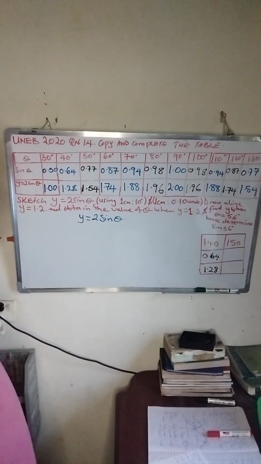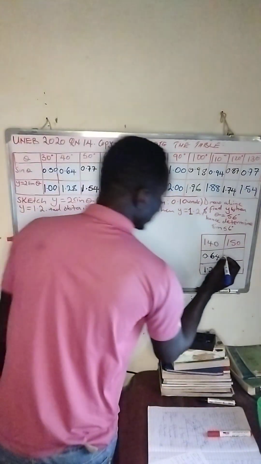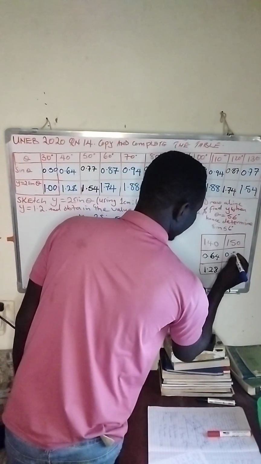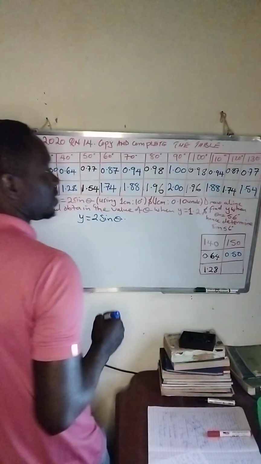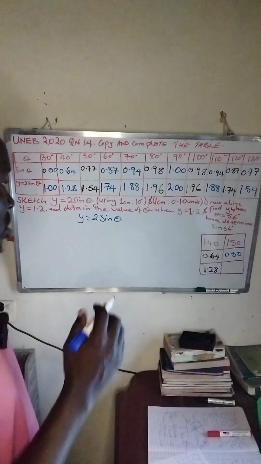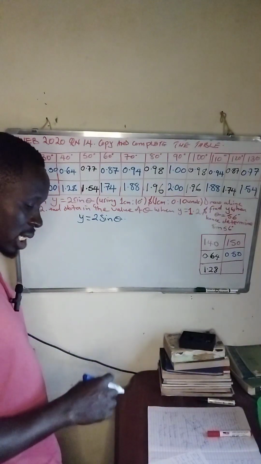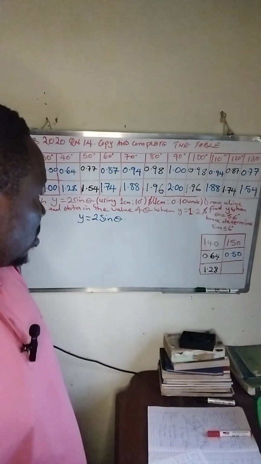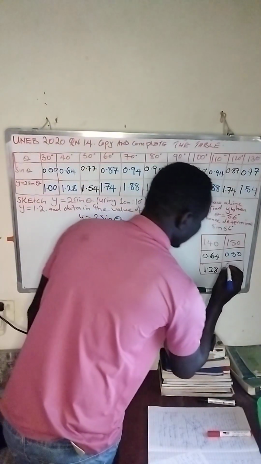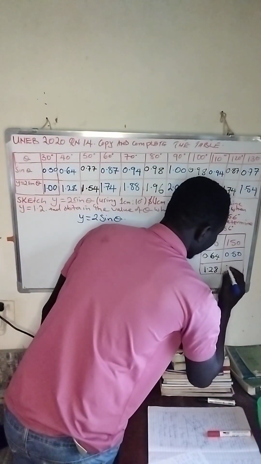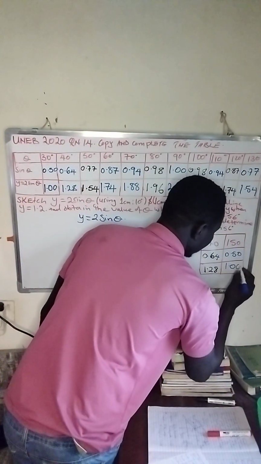150, sine of it is 0.5, but we add a 0 to cater for a dp, which is 2. And also, when we multiply 0.5 times 2, this comes to be 1.00.